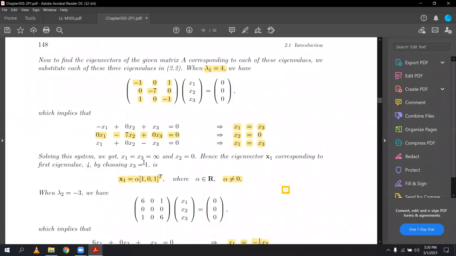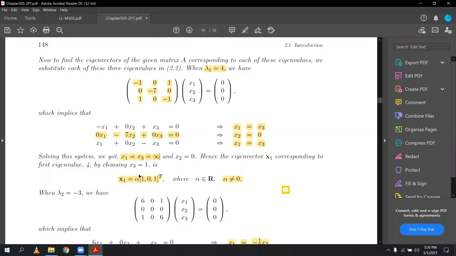Therefore, you can choose any value of x1 or x3, it's your choice. Because there are infinitely many solutions, yours and another student's may not be the same, but no problem, because infinitely many solutions means it depends on what you choose.